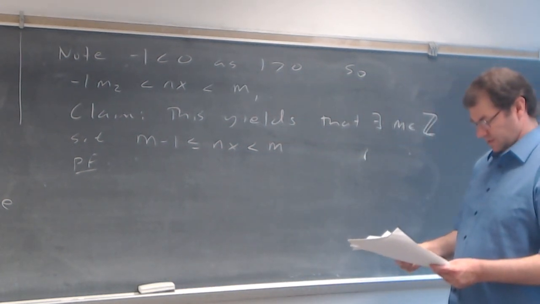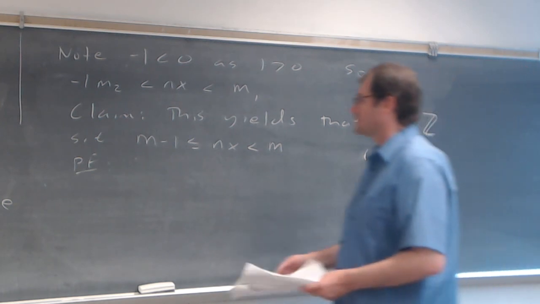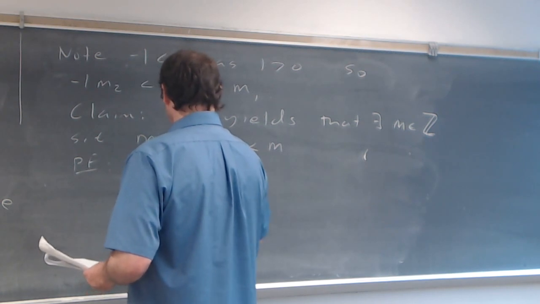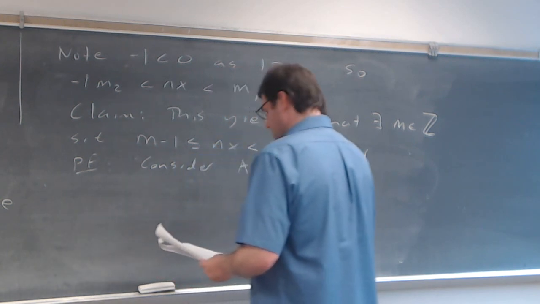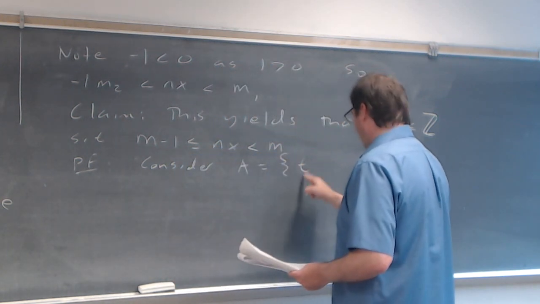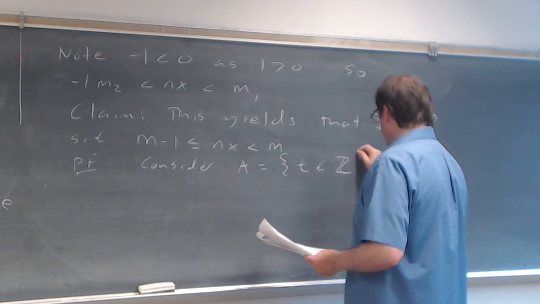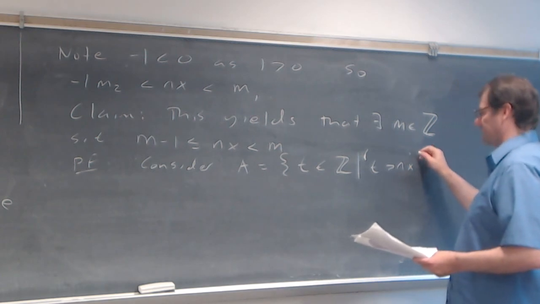property. And so to prove this, here's what I'm going to do. I'm going to consider the set A equal to the collection of all objects, I'm going to call them t, that are integers such that t is bigger than n times x.